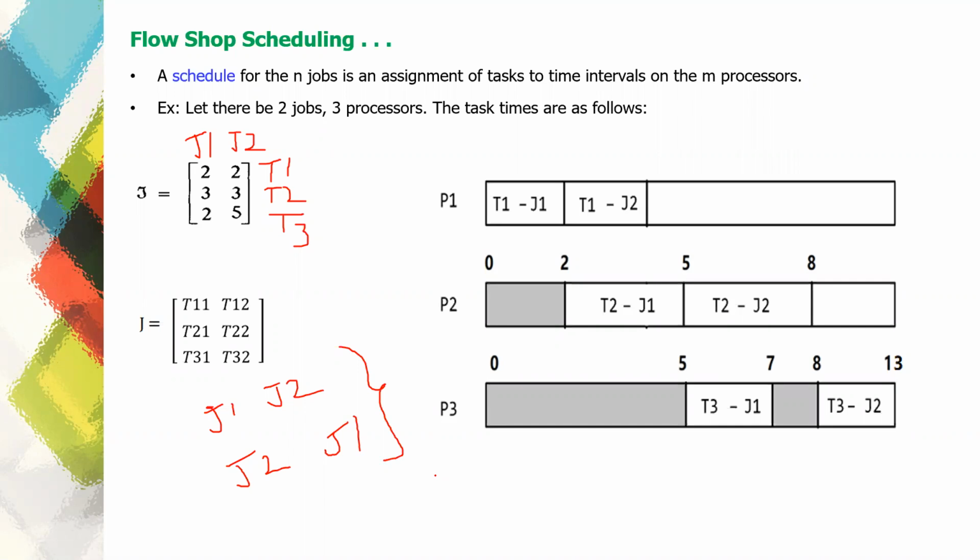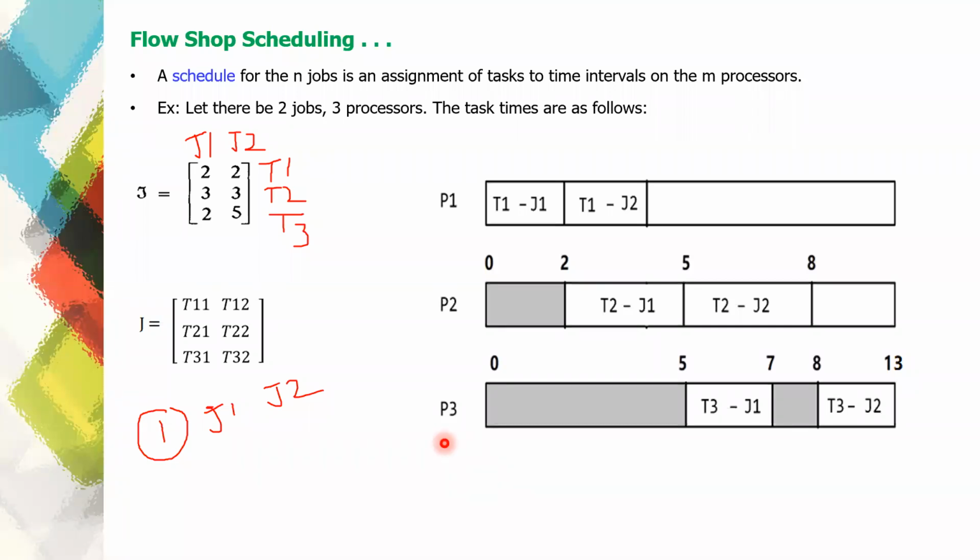So I'll first start with the case where the scheduling order is job 1, then job 2. I have 3 processors. This is a multi-processing environment.